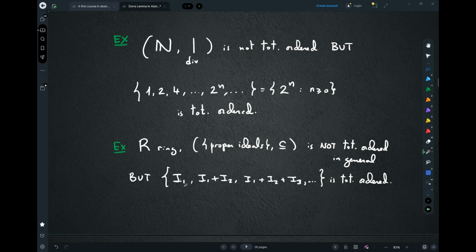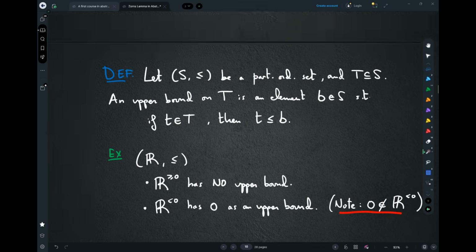But for any set of ideals I1, I2, I3, I can construct I1, then I1 plus I2, then I1 plus I2 plus I3, and this will be totally ordered. This will be a chain of totally ordered ideals. So within partial orders, we do have subsets that are totally ordered, which is one of the things mentioned in the statement of Zorn's lemma.